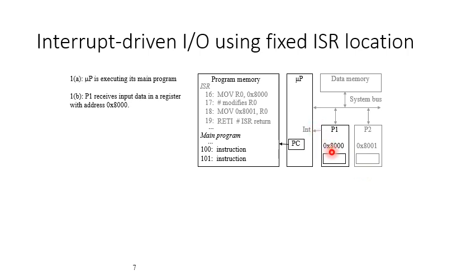The register 1 address is 0x8000, whereas the other is 0x8001. Both ports are connected to the system bus, which is connected to the microprocessor. The P1 port is connected to the microprocessor directly, and it has this interrupt signal. The microprocessor is holding the program counter address. This is the main program starting from instruction 100 and then the next instruction, and this is our interrupt service routine saved in program memory.